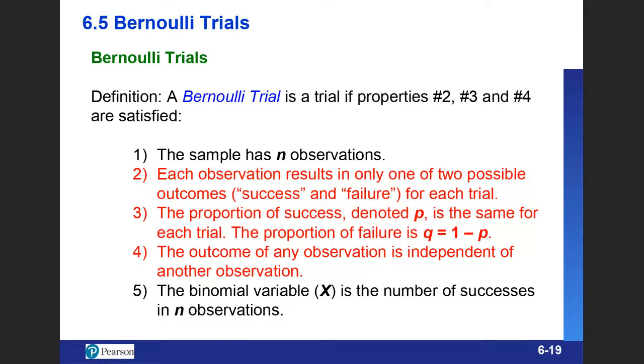So he actually came out with this set of properties and was able to prove that a binomial model has these three properties, properties number 2, 3, and 4: every observation will have only one of two possible outcomes, either a success or a failure. The proportion of success never changes every time you have a new trial, and the outcomes are independent of each other.